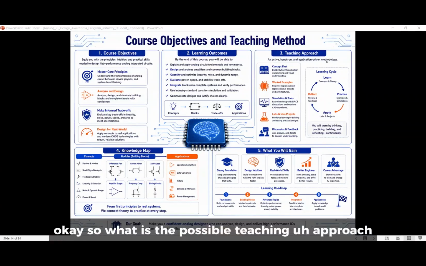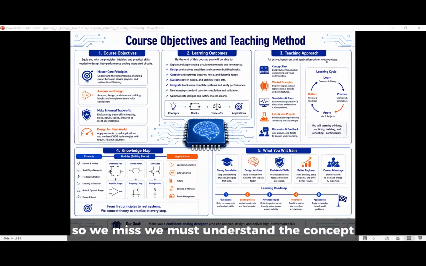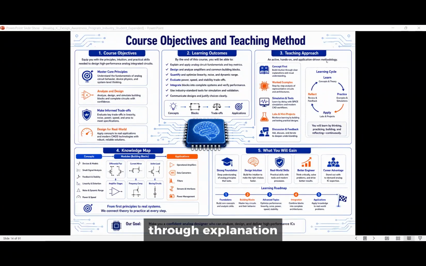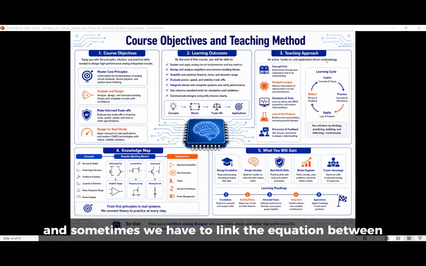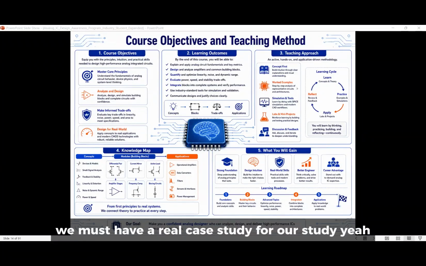Okay, so what is the possible teaching approach? First, we have to strengthen our basics. We must understand the concepts and build intuition through explanation, and sometimes we have to link the equations between different parameters. Next, we must have a real case study.